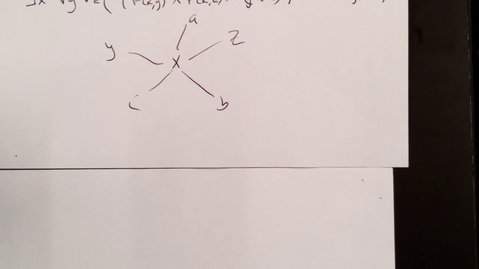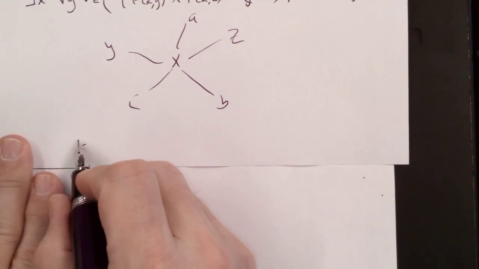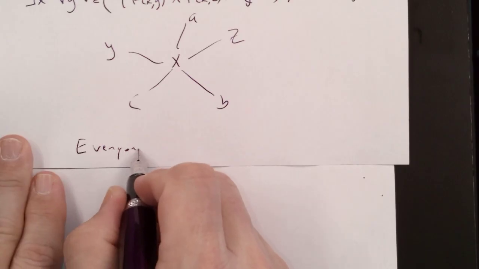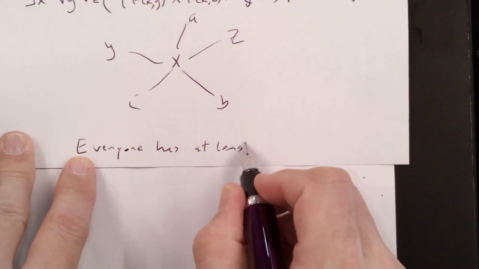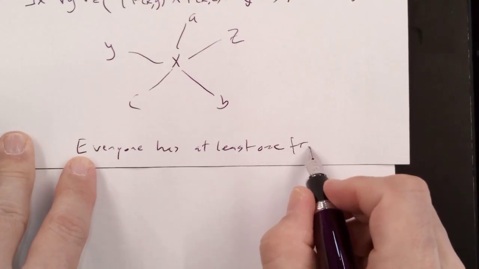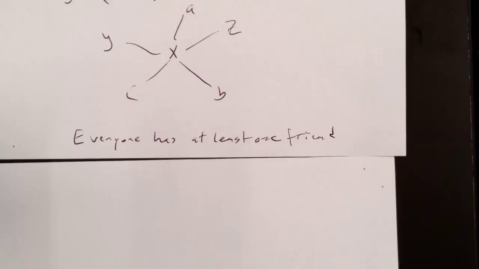Let's go the other way. Here's a sentence in English. Turn it into logical symbols. In the universe we were just in.